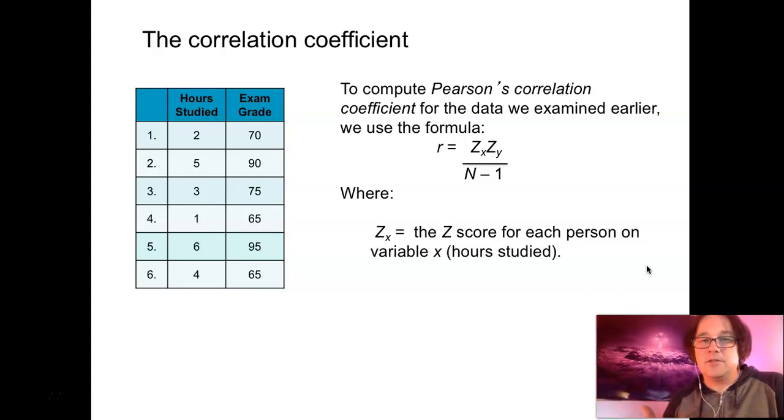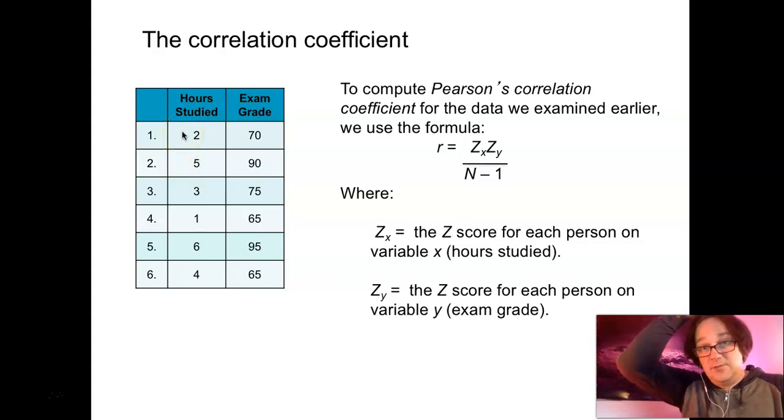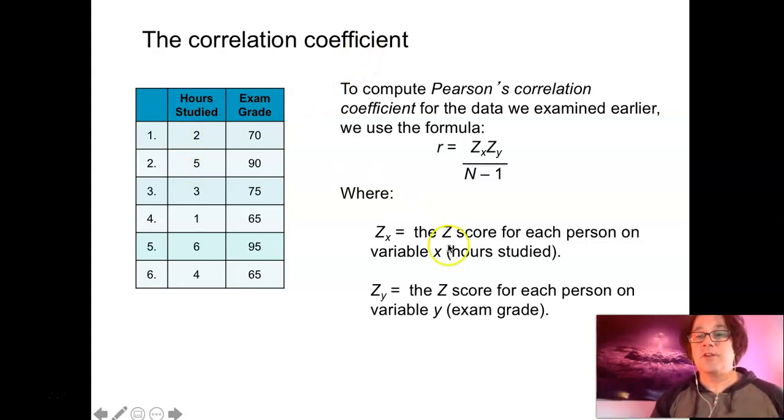So we need to calculate some z-scores for hours studied for this column here. We need to turn these into z-scores. The z of y is the z-score for each person on the variable y, or exam grade. So we're going to need to calculate the z-scores for these exam grades as well.